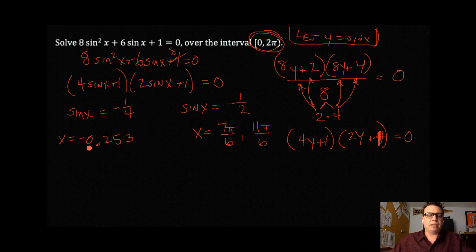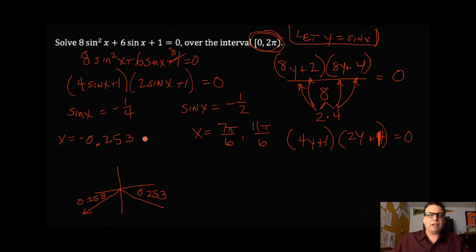Now the problem with that, this would be in quadrant 4. So my angle here is 0.253. What I need to do is, remember, it's in this quadrant and in this quadrant. So these are my two reference angles.